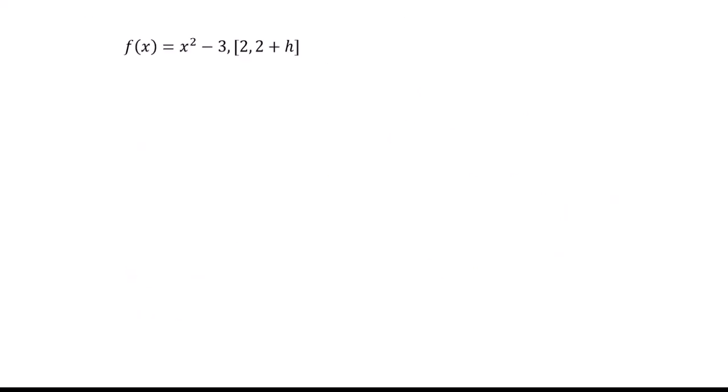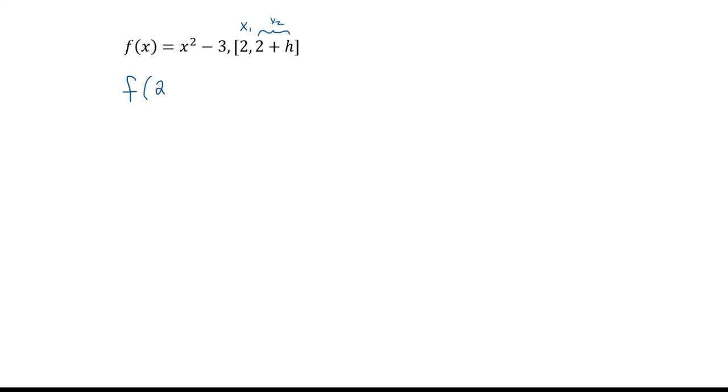Let's find the average rate of change of this function f of x equals x squared minus 3 on the interval from 2 to 2 plus h. Just as in the previous examples, they're giving you the x sub 1 and x sub 2, and we want to find f of x sub 1 and f of x sub 2.